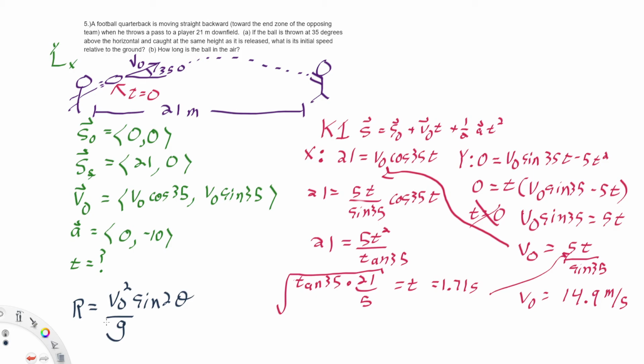This formula for r down here, when is that correct? Yeah, it's projectile motion where the only acceleration is gravity and the object begins and ends at the same height.